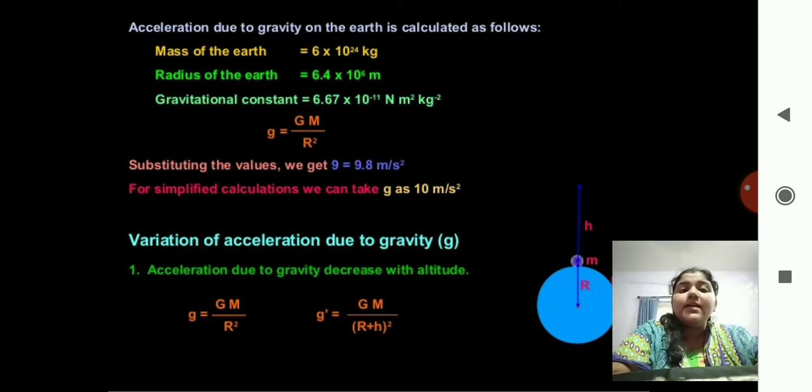And when we go up and up, the height is going to increase, so the radius will also increase. Therefore R plus H is added over there. Why is H added? Because as we go higher and higher, the distance we have to consider increases, so R plus H is taken instead of only R.